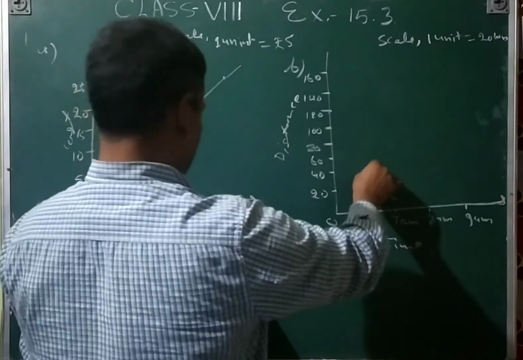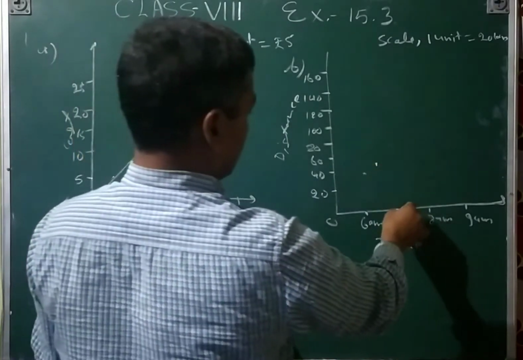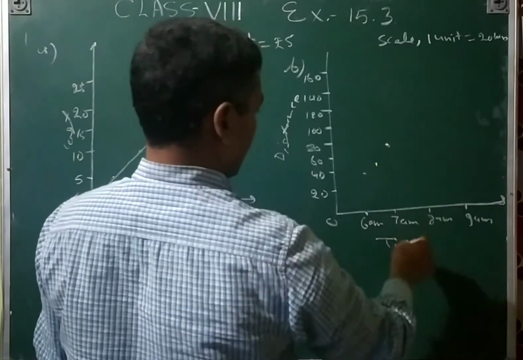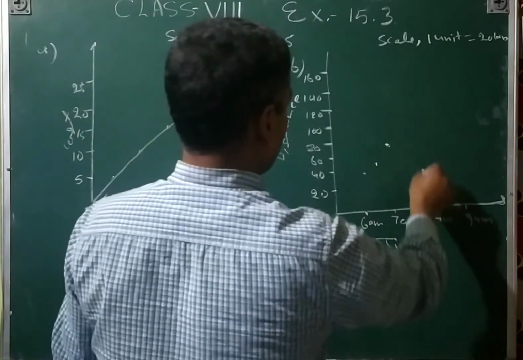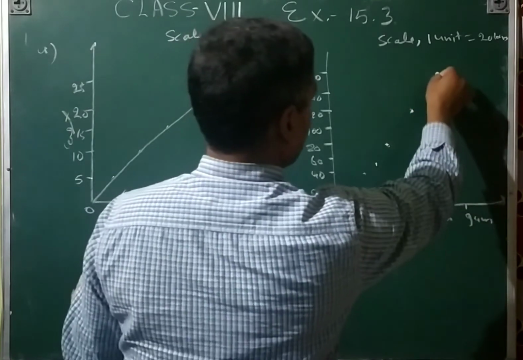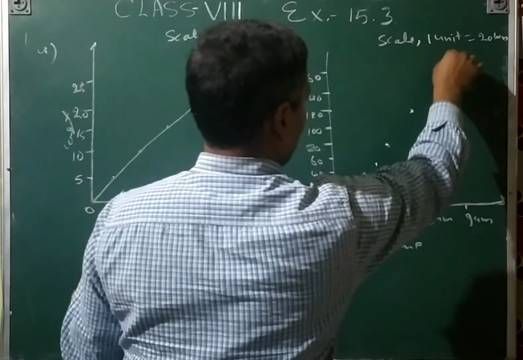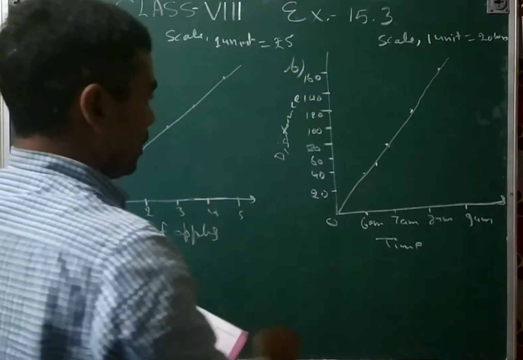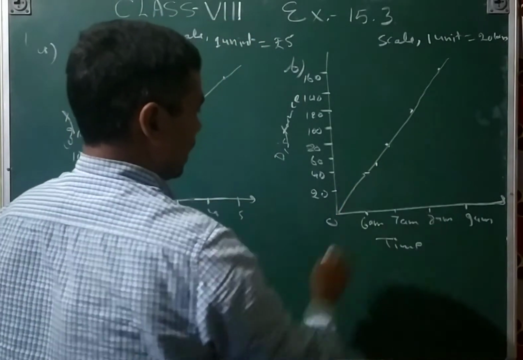Next is 80, next is 120, next is 160. And then you will draw the straight line.